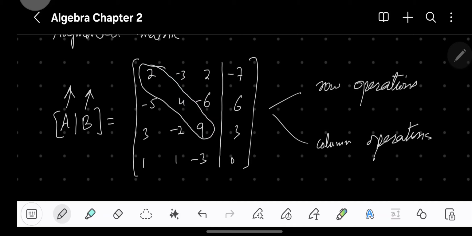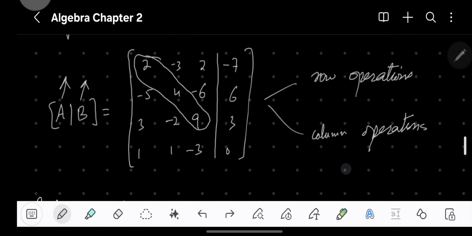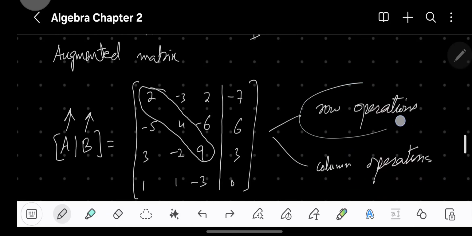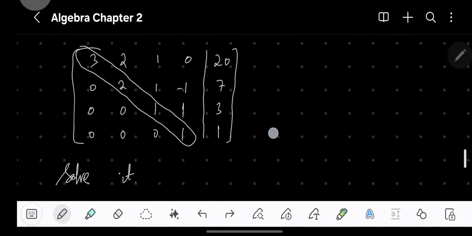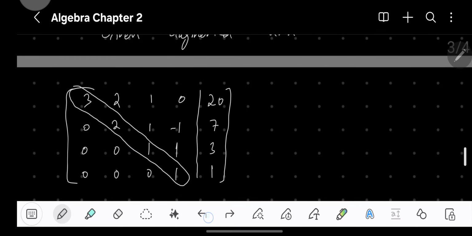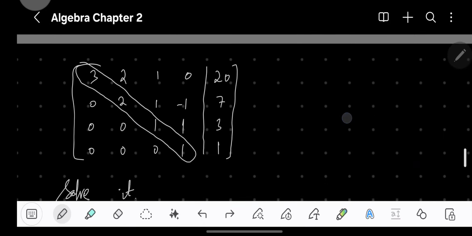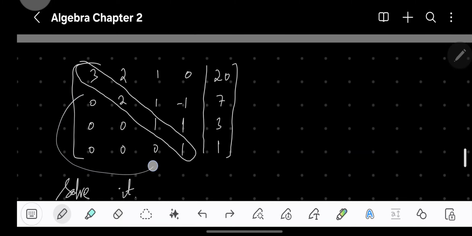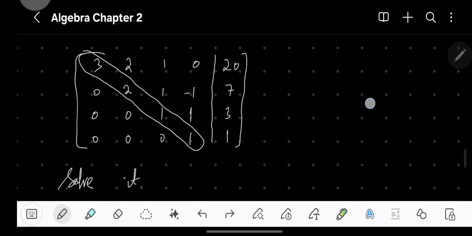We need everything below the main diagonal to be 0. Since there, the things below the main diagonal are not 0, we have to perform some operations to make them zeros. But in this example, below the main diagonal everything is 0, so there is no need to perform operations. We will just find the solutions.